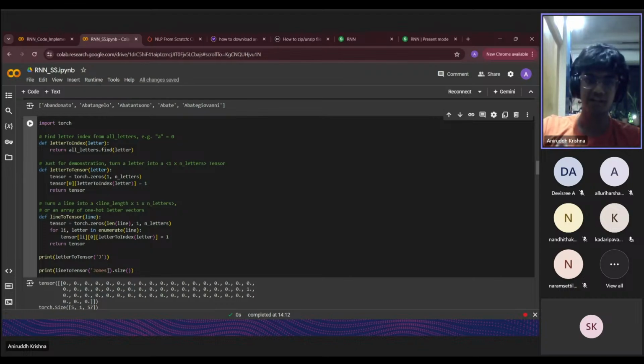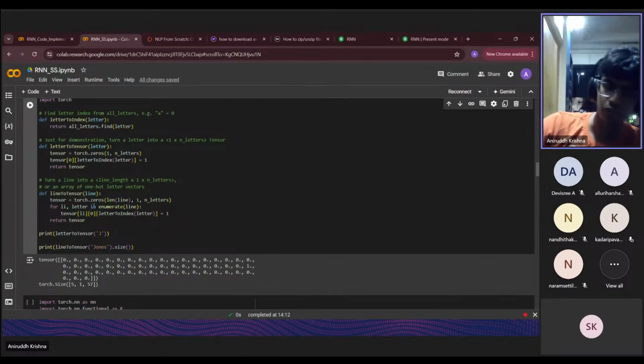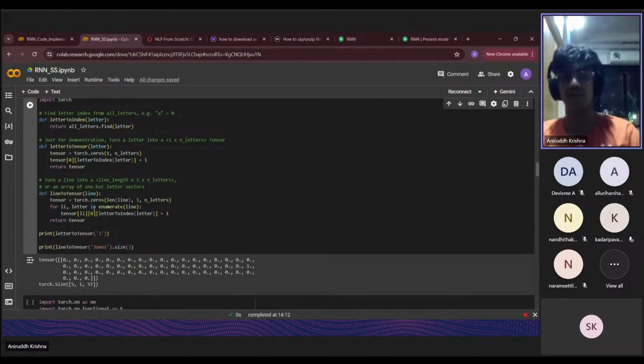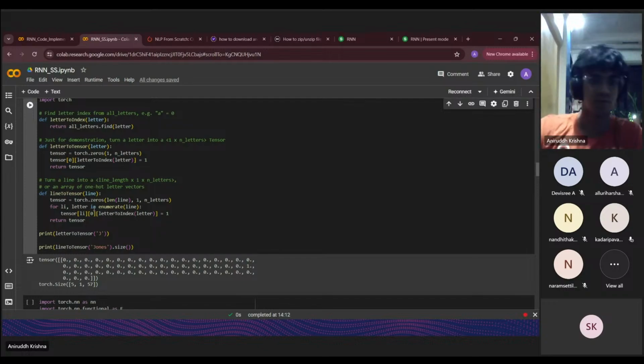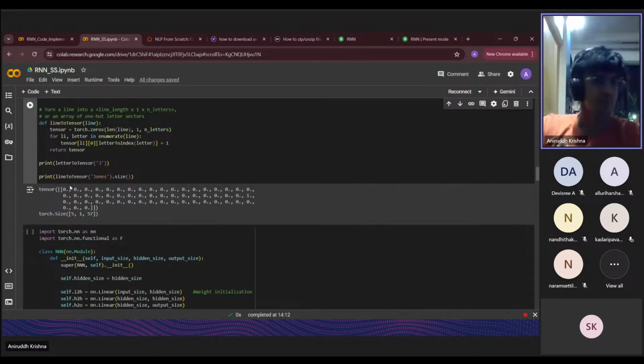For example, for Jones, len(line) will be 5. This is practically the same thing we did above, and since we have 5 letters, we use a for loop so that every letter goes through the same function, and we return the tensor accordingly. As you can see, the shape of the word Jones is 5, 1, 57.